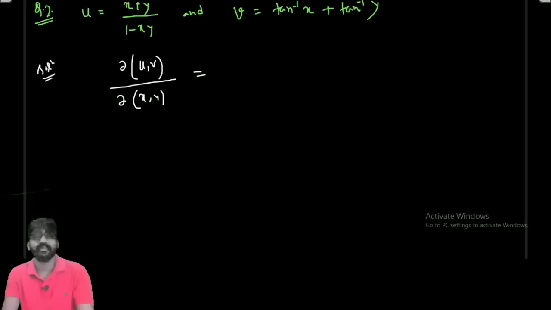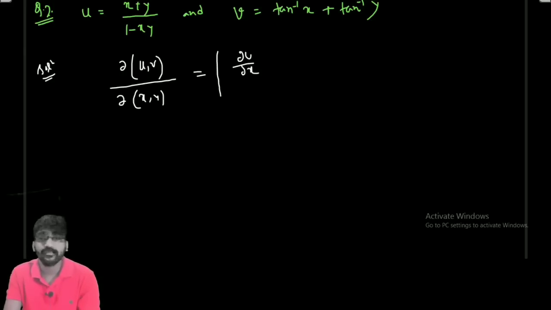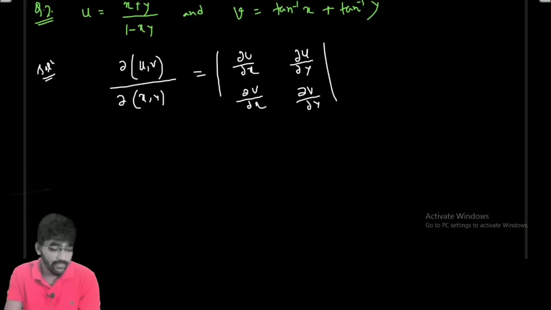And again from the definition we know that it will be del u del x, del u del y, and del v del x and del v del y. So you have to take the differentiation of this.